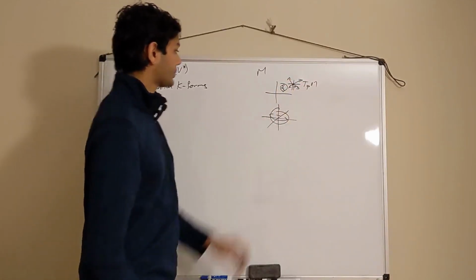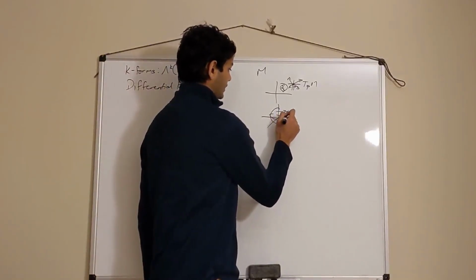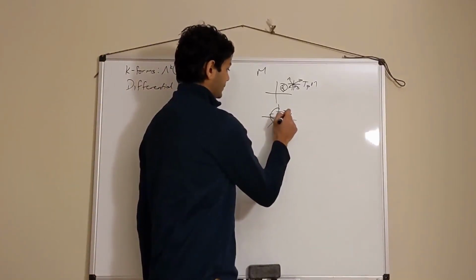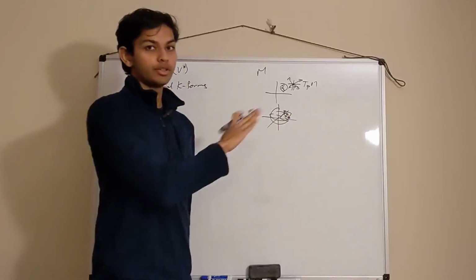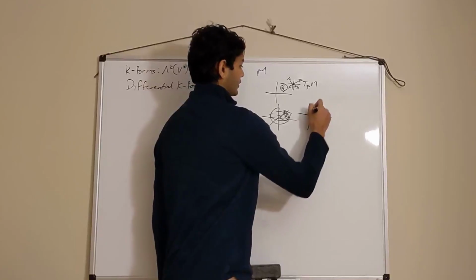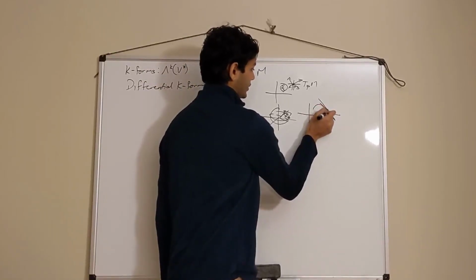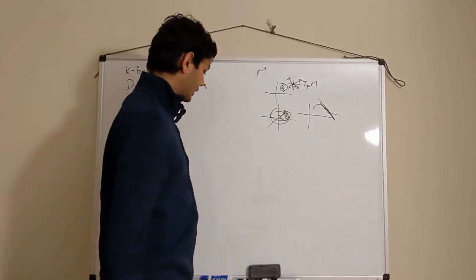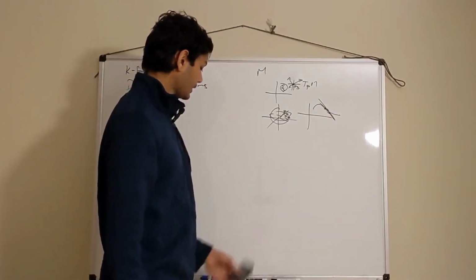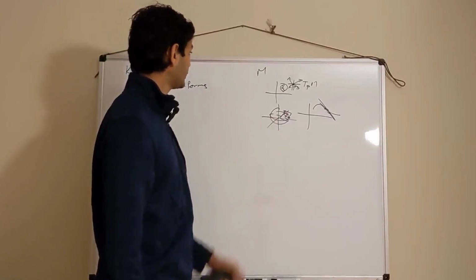But for example, if we're talking about the sphere, then the tangent space at this point P is the set of vectors which are tangent to the sphere at that point. And if we have some sort of a curve, then the tangent space at this point is going to be a one-dimensional vector space, which is the tangent line at that point. And so later on, we'll define manifolds more generally and the tangent space more generally.